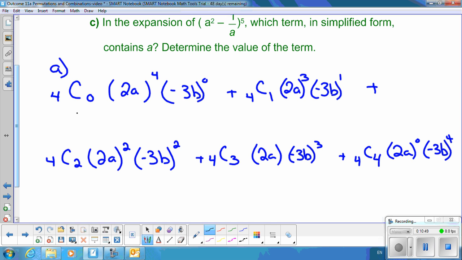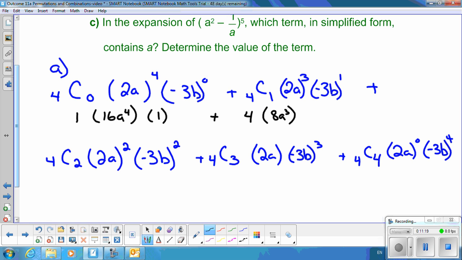I'm going to change colors and we can do some simplifying. So 4C0 is just 1. 2a all to the power of 4, well 2 to the power of 4 is 16, so I end up with 16a to the power of 4. Negative 3b to the power of 0 is just 1. My next term, 4C1 is 4. 2a to the power of 3 becomes 8a to the power of 3.